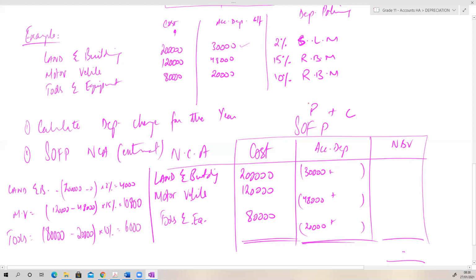Accumulated depreciation means previous plus current. Previous is 30, current is 4, 34 हो जाएगी. Previous is 48, current is 10,800. ये 20 है, current is 6,000. तो कॉस्ट में से ये माइनस कर लेंगे आप तो आपको नेट बुक वैल्यूज आ जाएंगी.